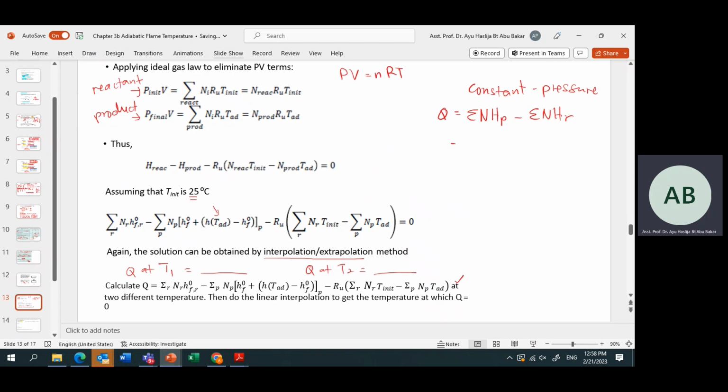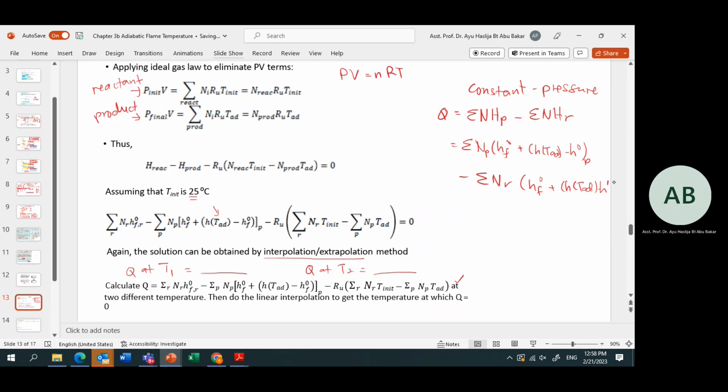And then this H, we just refer to the heat of formation plus the sensible heat. Okay, this is constant pressure.